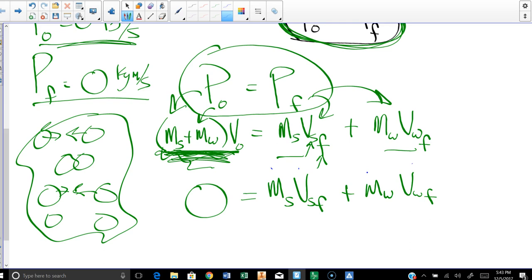So for example, if I told you that Shaq had a mass of, let's say, 140 kilograms. And let's say, well, we'll discuss the velocities. And my mass, we'll say, is half that, 70 kilograms.